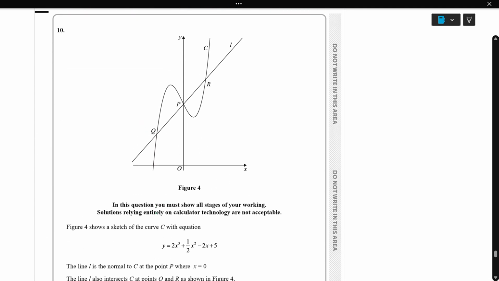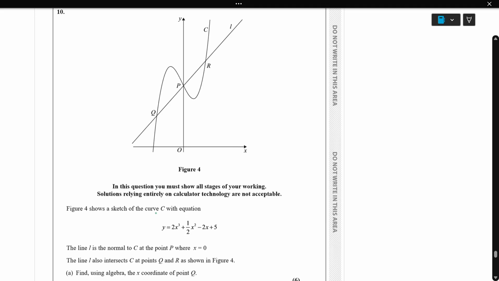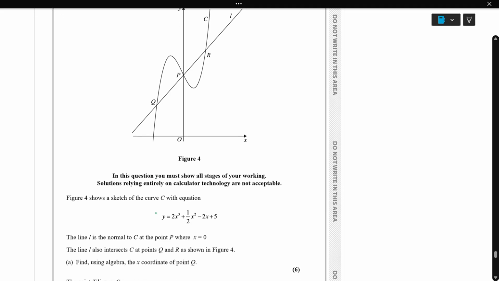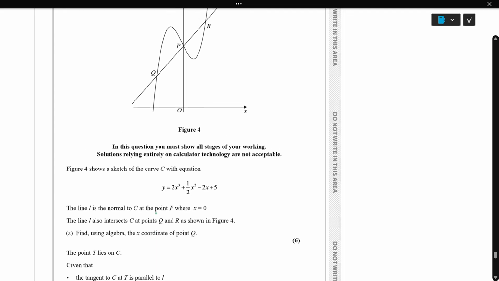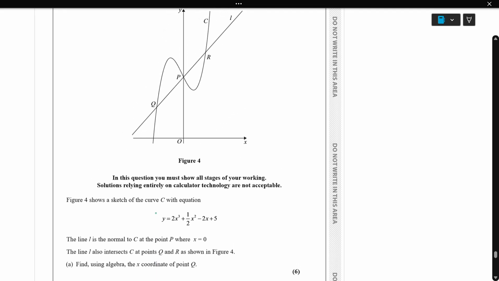Next, question number 10. There is a figure given. The curve is y equal to 2x cube plus 1 by 2 x square minus 2x plus 5. Now what we need to find: the line L is the normal to C at the point P where x equal to 0.